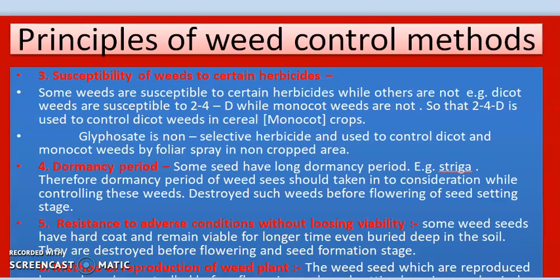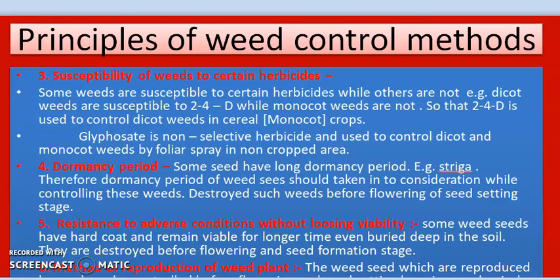So 2,4-D is easily used in cereal crop, that is where the seeds are monocot in that field. But in standing crop, the selective weedicides are also used to control the weed plants when there is a high intensity of weed.